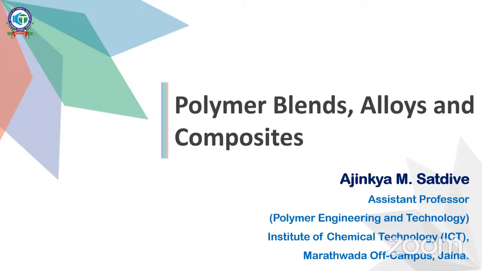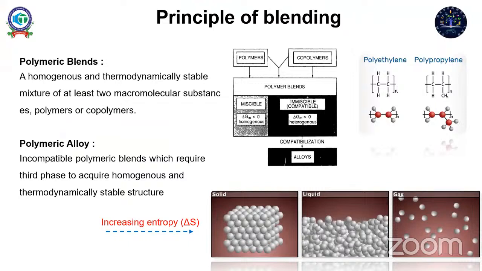So now I think it is okay to talk about the different polymer blends, alloys, and composites. After that, we can have an idea about the different additives and which additives can be used for which polymer systems. So let's begin with polymer blends and alloys.